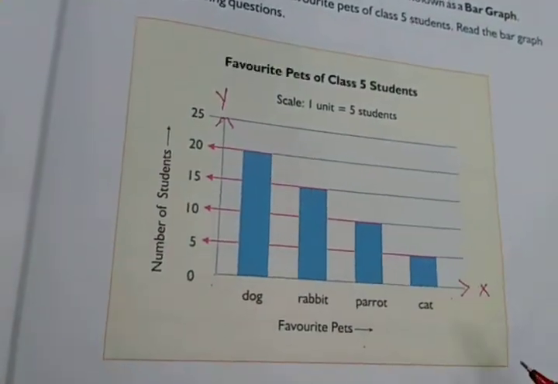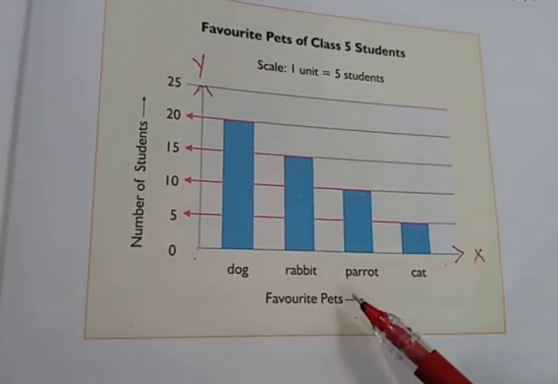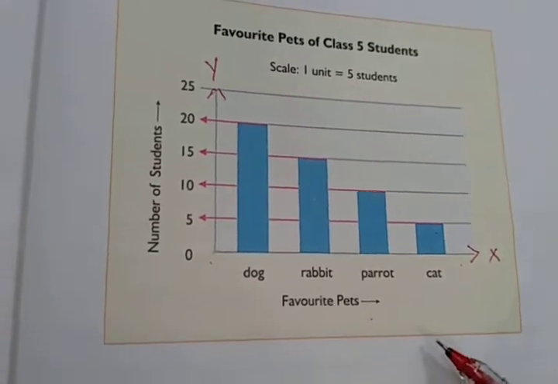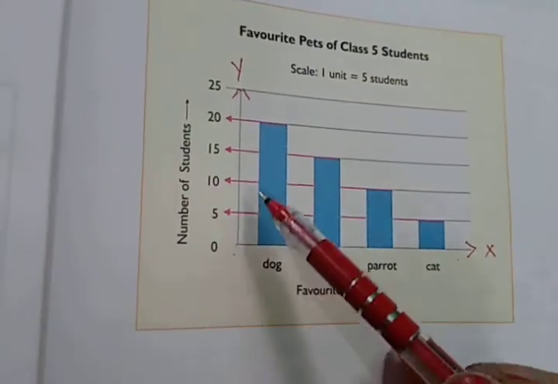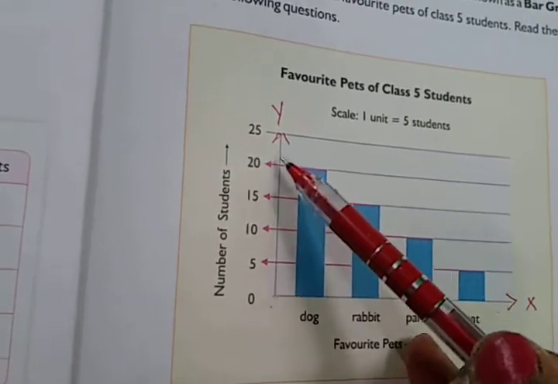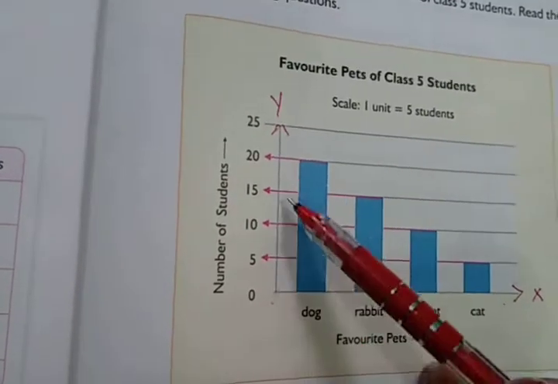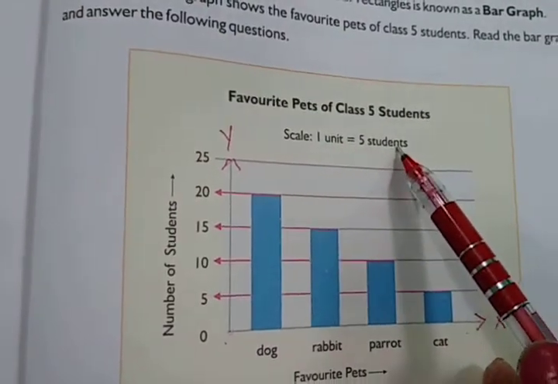How many students are liking a particular animal? Here units are given 0 to 5, then 10, 15, 20, 25. So here the scale is chosen. 1 unit is equal to 5 students.